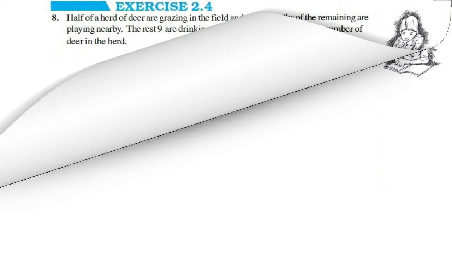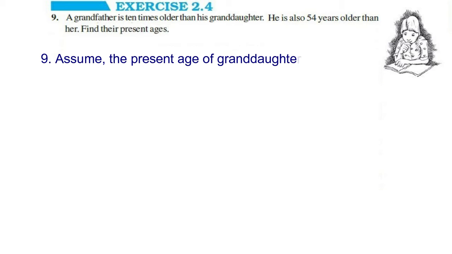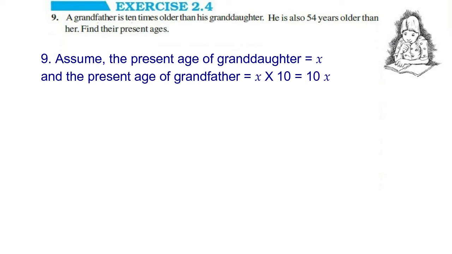Okay, go to problem number 9. A grandfather is 10 times older than his granddaughter. He is also 54 years older than her. Find their present age. So first we assume the present age of the granddaughter is equal to x. So the present age of the grandfather is equal to 10x, because the grandfather is 10 times older than his granddaughter.